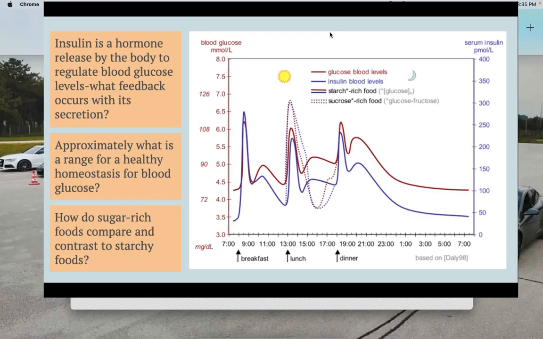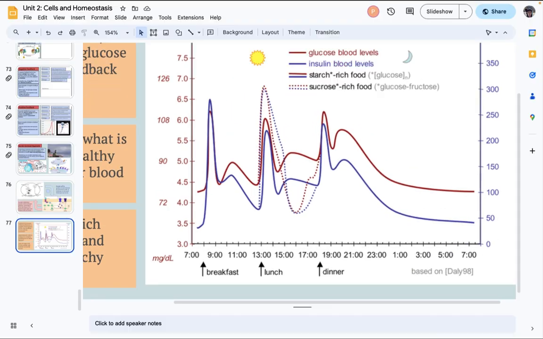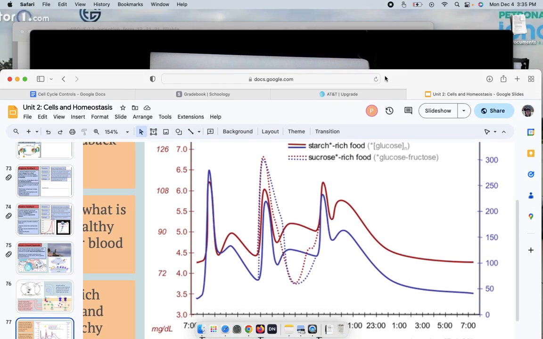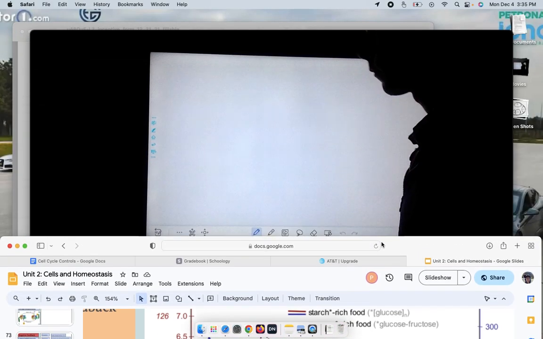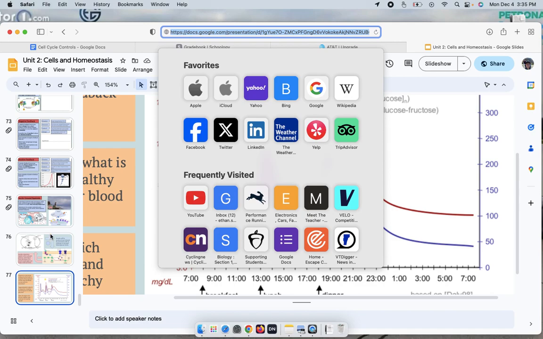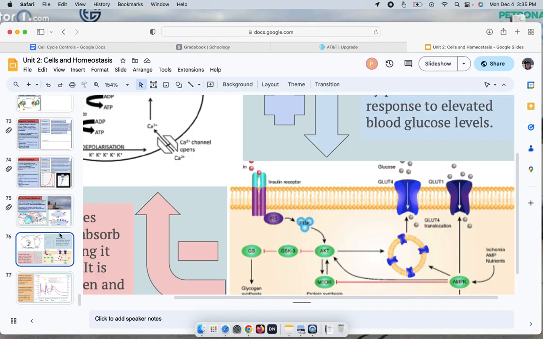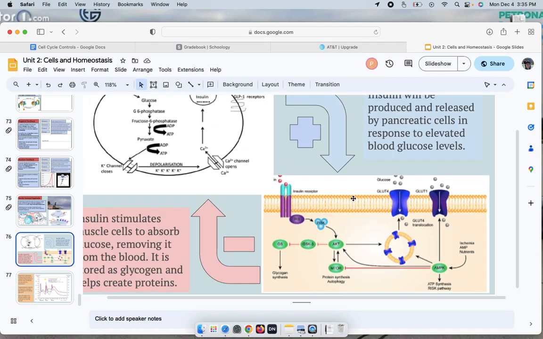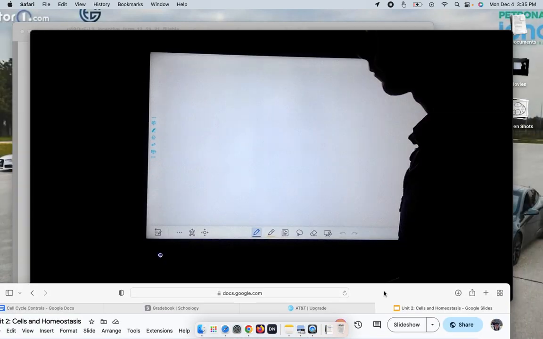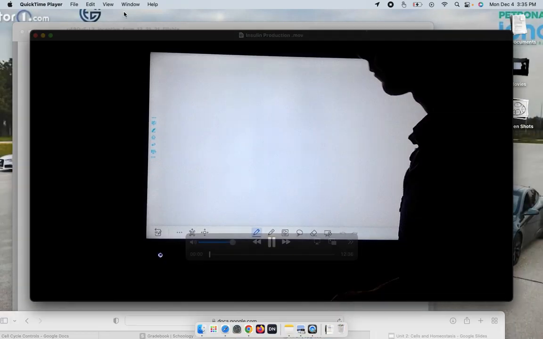I'm going to be posting this video and also the picture going alongside it to help you with these two drawings. Note that you're going to be doing one drawing on the left side and one drawing on the right side. So here we go.